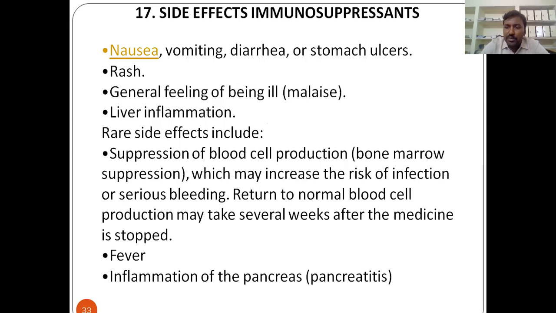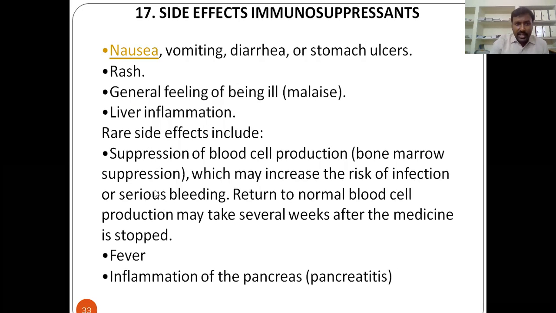I gave them again so you don't get confused. Rashes, nausea, vomiting, diarrhea, and malaise, which means not feeling well, and liver inflammation are very common side effects for all immunosuppressants.